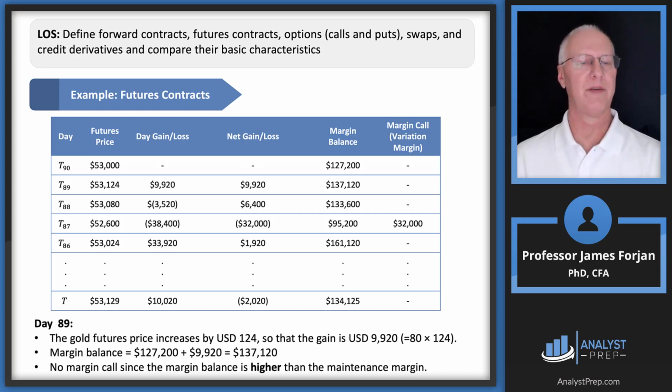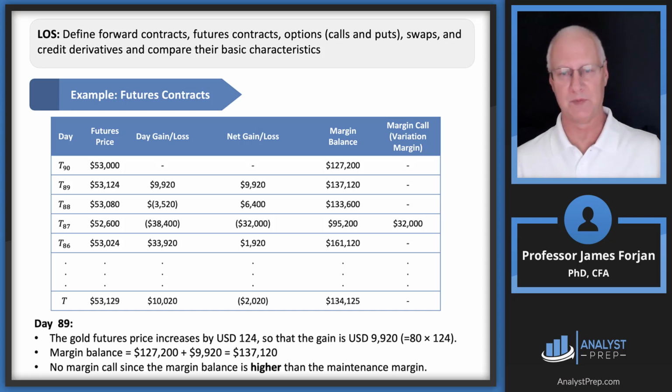So if you take the 53,080, multiply it by the 80, and then subtract it from the previous day's total, you get 3,520. So what happens? We lost about a third of what we gained the first day, which if you look in the middle column, means we have about 2/3 left of our total gain and loss. So our margin balance is now 133,600.